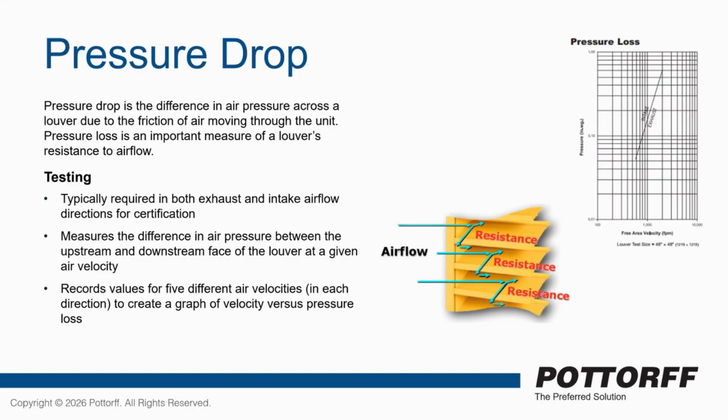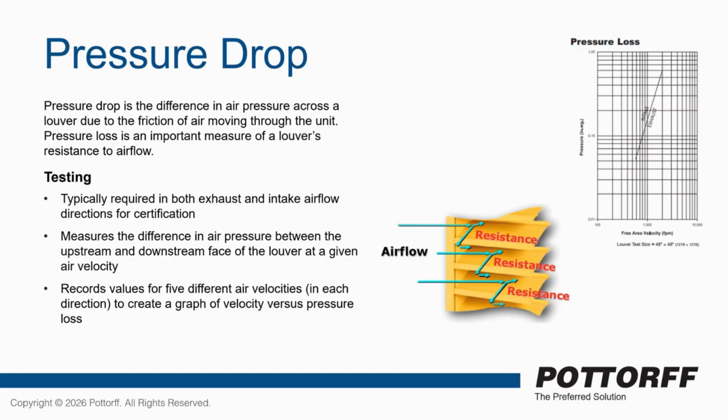So think about the higher the pressure you're feeling on the front of a louver and nothing behind it, that HVAC system is going to have to work pretty hard to pull in air to then push it into the building.